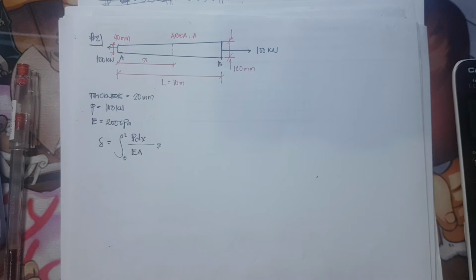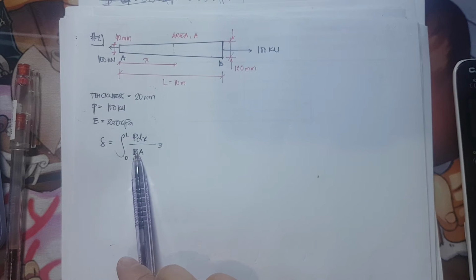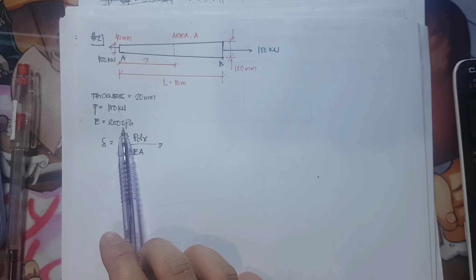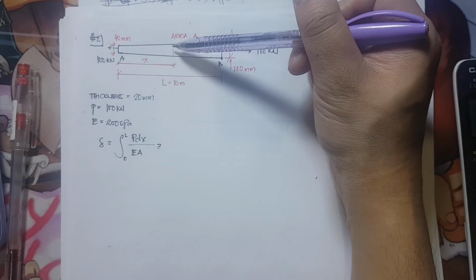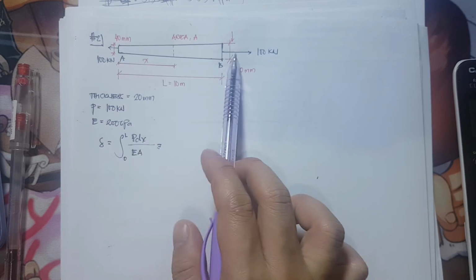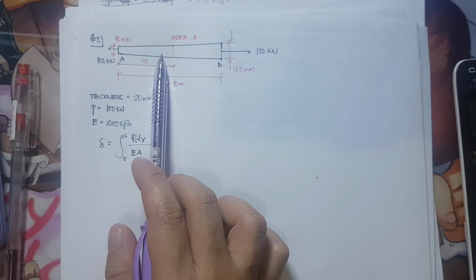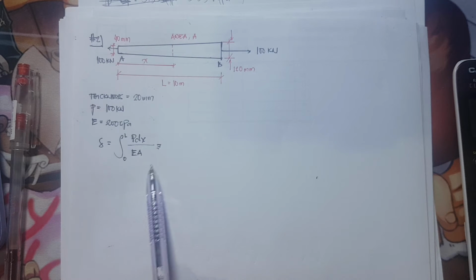Now, we have P. Our P is 100 kilonewton. Next, our E is 200 gigapascal. Now, the problem is the area. Take note that the area we're considering is at any point on this cross section, so we need to derive our equation for the area.